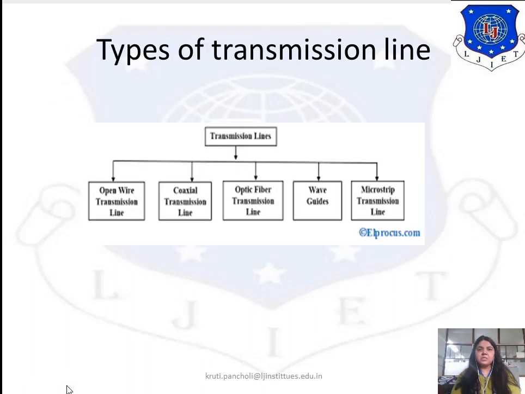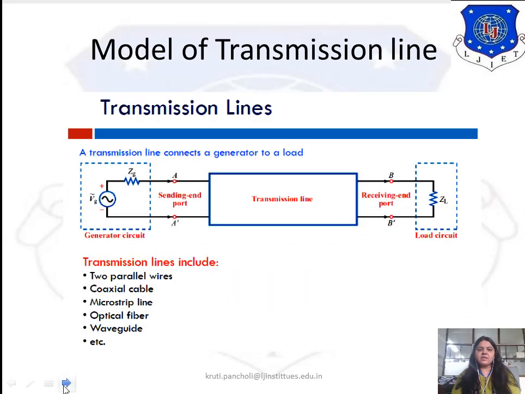Transmission lines are of many types: open wire transmission line, coaxial transmission line, optical fiber transmission line, waveguides, and microstrip transmission line. This is the model of a transmission line, which consists of a generating end and a receiving end.